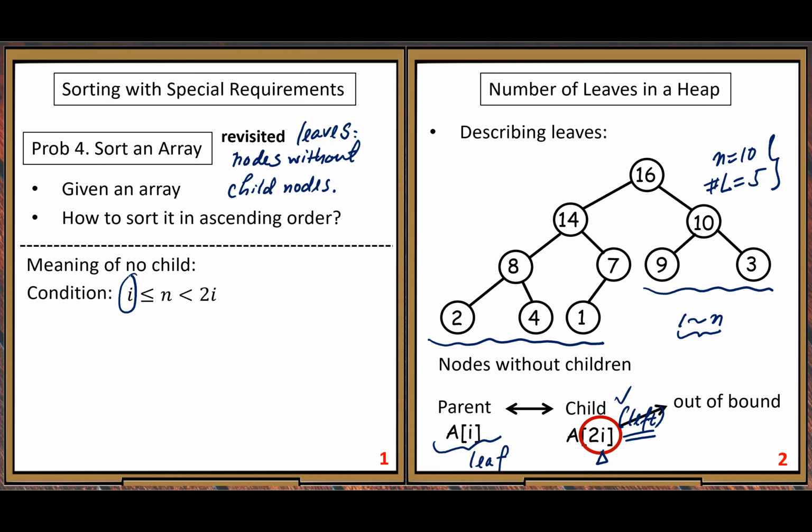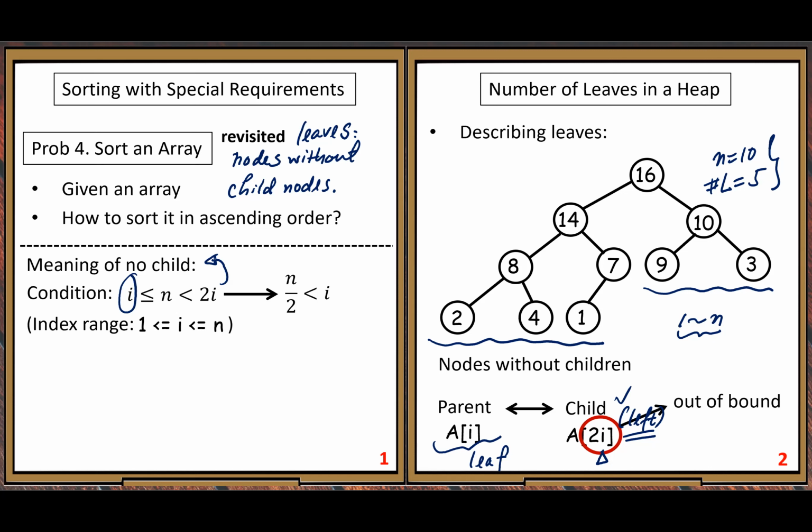So this condition corresponds to this description, the meaning of no child. So we have this inequality. Let us simplify this inequality a little bit. So our index range, that's the valid index range for the heap nodes.